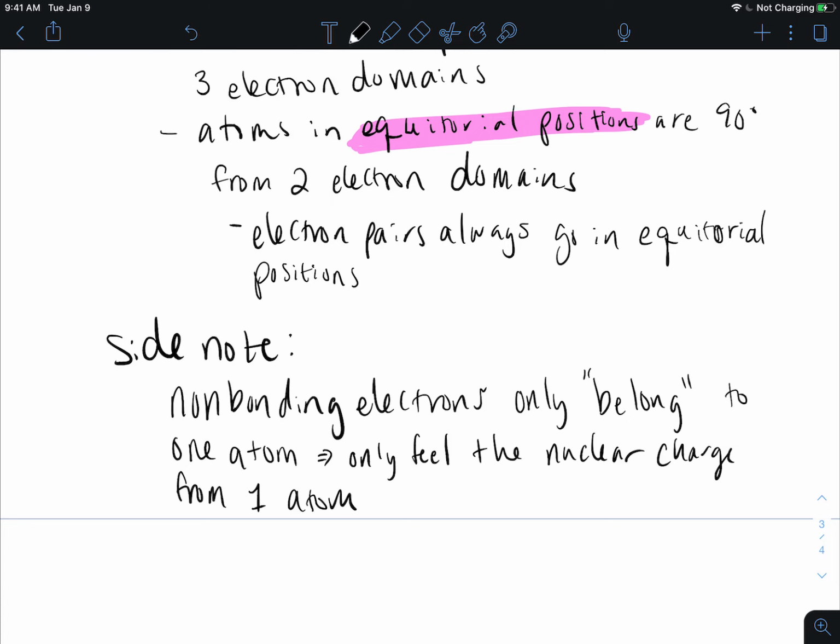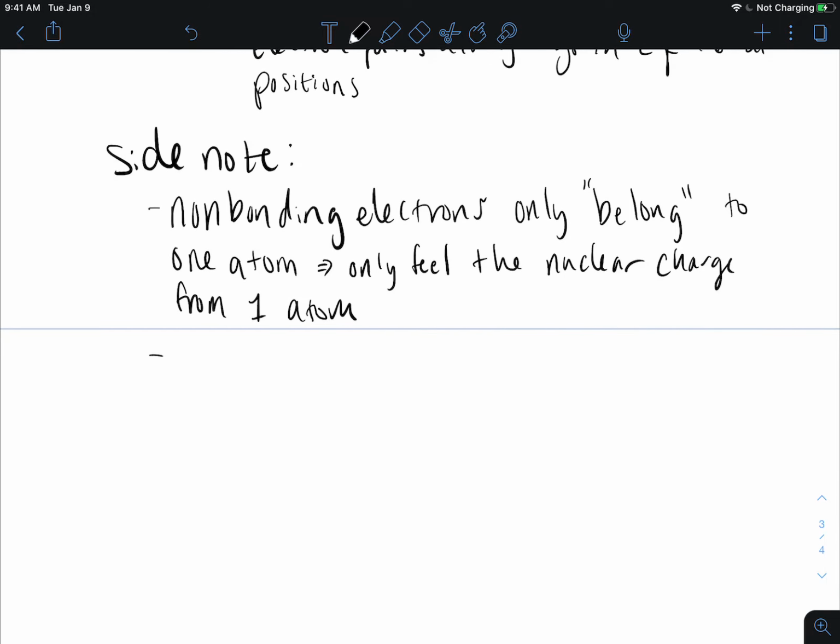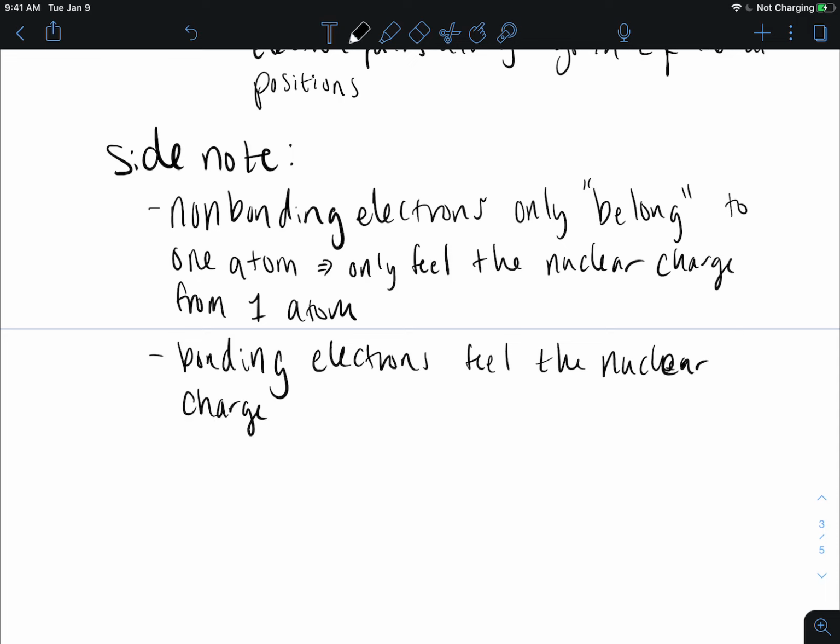This is different from our bonding pairs. So our bonding electrons feel the nuclear charge of two atoms.